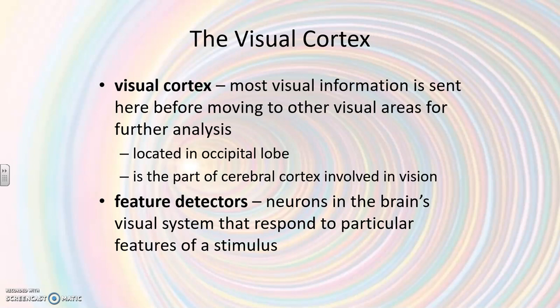One of the examples that I like to use for feature detectors is that you're going for a bike ride or for a walk and you might see smoke and you might be like, hey, I see this weird shape that looks like a man hiding in the woods. I might be in danger. You're detecting a specific feature.